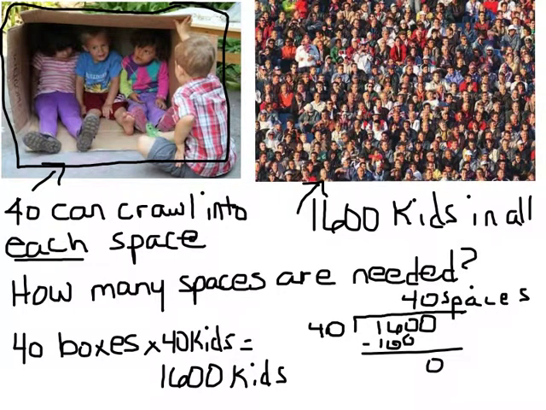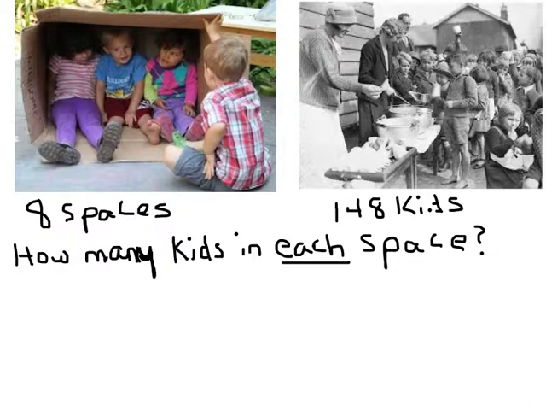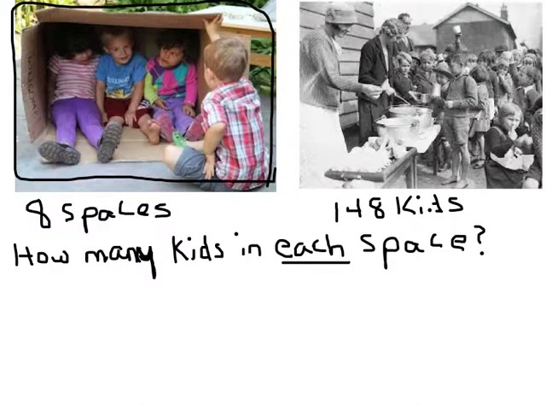Okay, last one. Alright, C says there were 148 kids that had to be crowded evenly into 8 spaces. How many kids would be in each space? All right, again, so I've got 8 spaces, 8 boxes, and I've got 148 children. And I've got to divide them into equal groups.